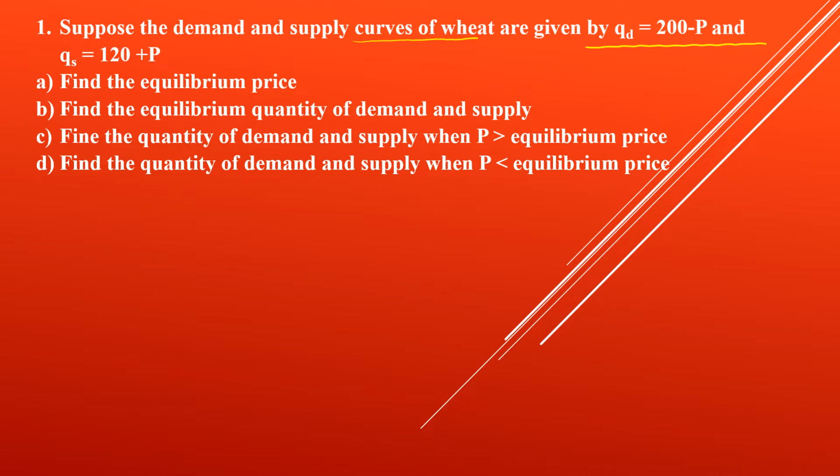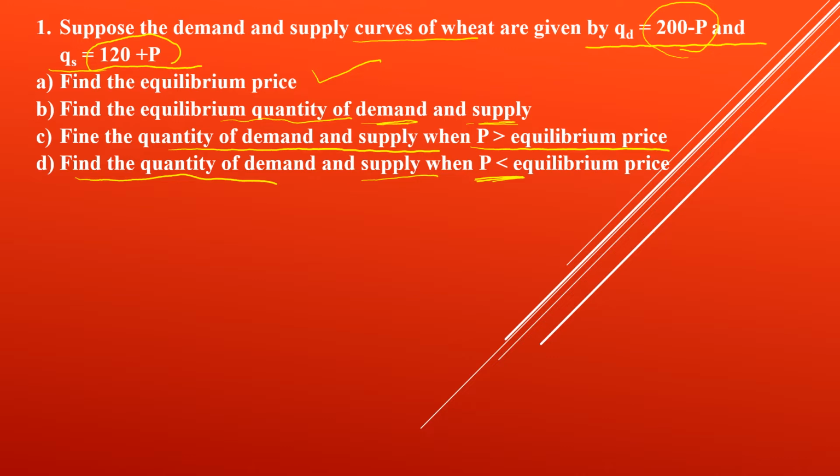The quantity demanded is equal to 200 minus P and quantity supplied is equal to 120 plus P. With the help of the given equations, we need to find out the equilibrium price, equilibrium quantity demanded and supplied, and the quantity demanded and supplied when price is greater than equilibrium price, and when price is less than equilibrium price.